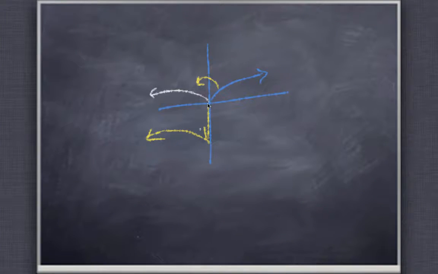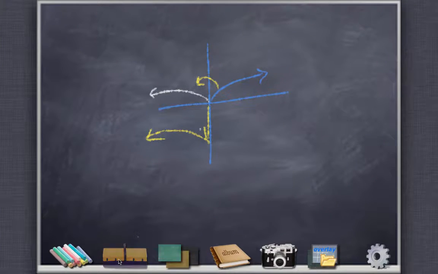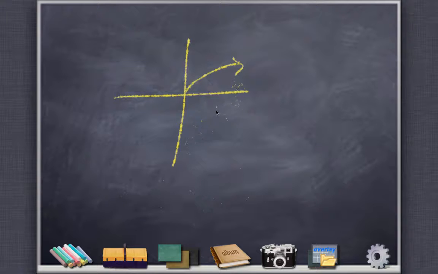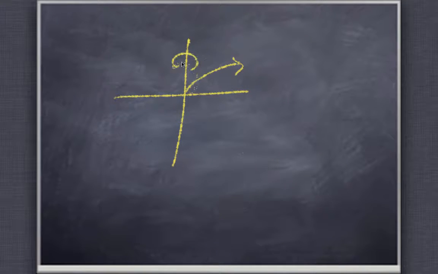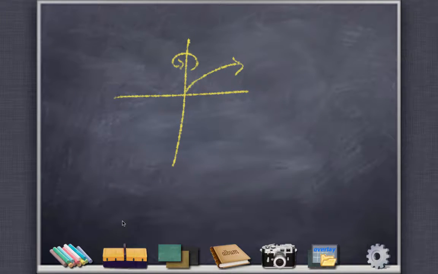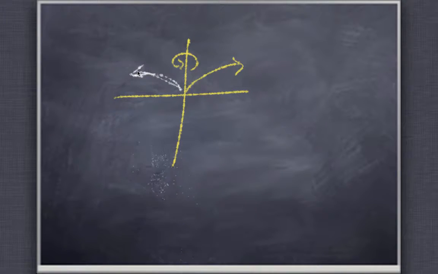So the part that I skipped over here, let me just start this over. First we had that, and then we need to reflect it. So we end up over here. And then we need to reflect it again.